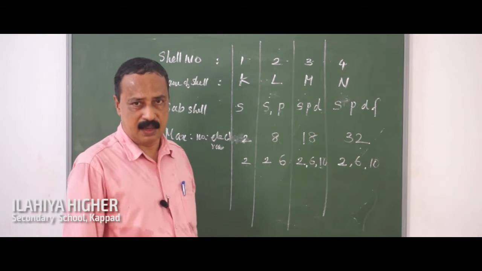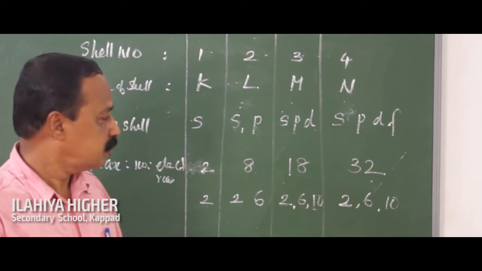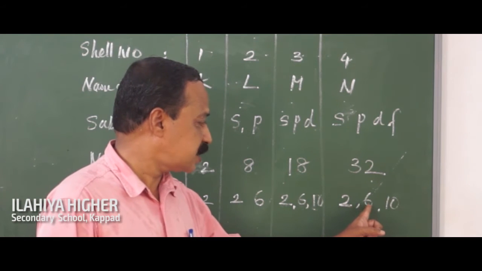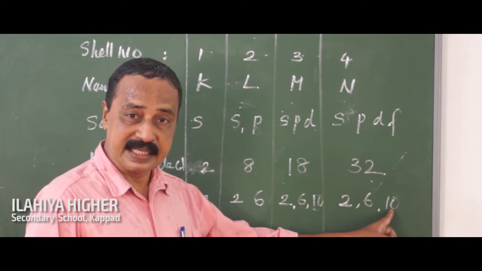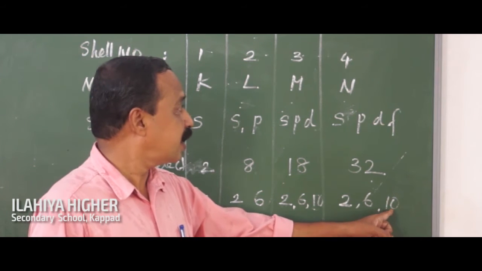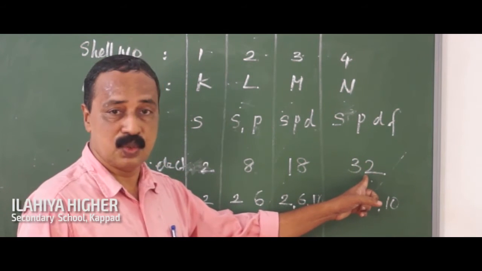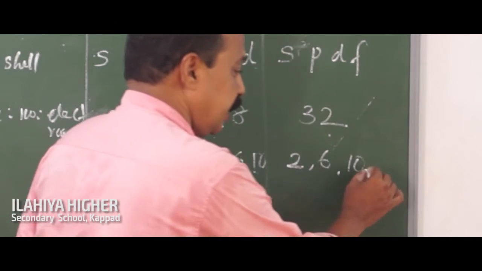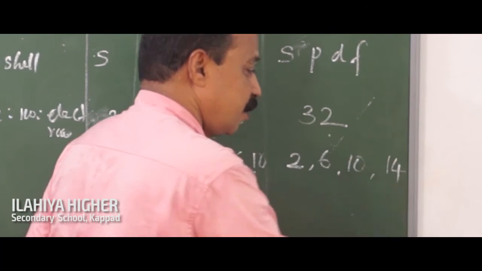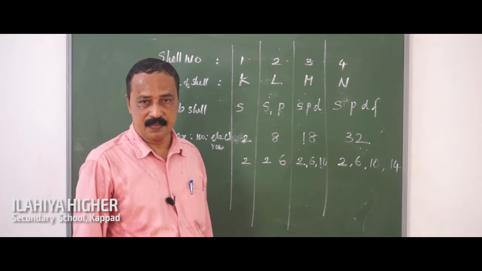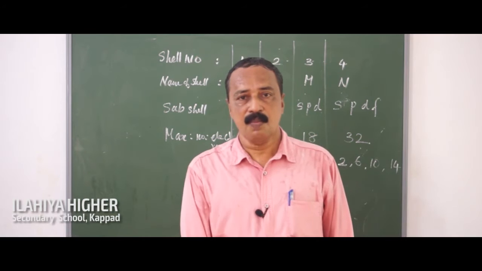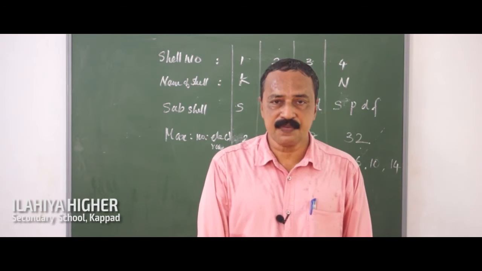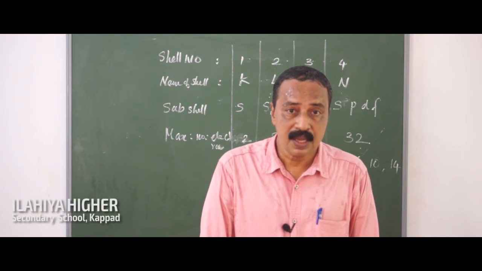You have studied now. Look, 2 plus 6, 8. 8 plus 10, 18. Here the total number of electrons is 32. So the remaining is 14. The maximum number of electrons possible in the F subshell is 14.